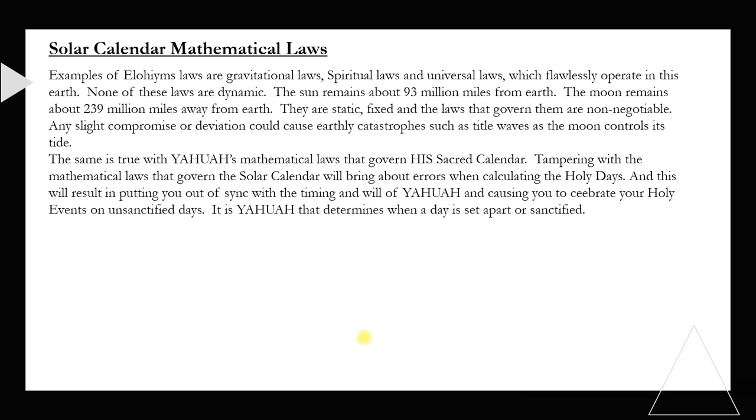Tampering with the mathematical laws that govern the solar calendar brings about errors when calculating the holy days. And this will result in putting you out of sync with the timing and the will of Yahuwah, causing you to celebrate your holy events on unsanctified or unsanctioned days. It is Yahuwah that determines when a day is set apart or sanctified. And if we do it outside of when He has determined it, it is unsanctioned. That means we will be out of sync with what He has in store for us.